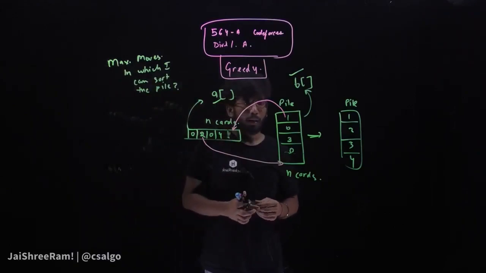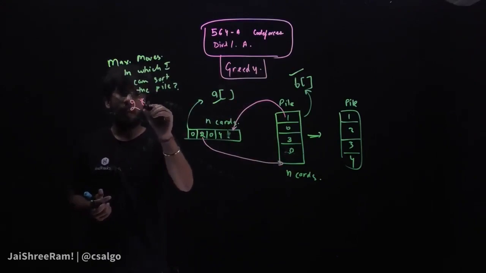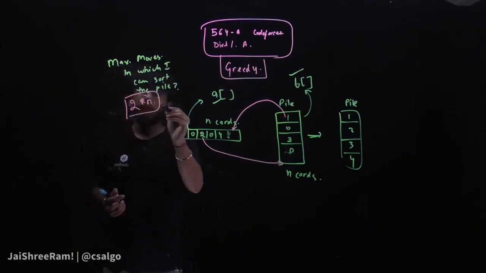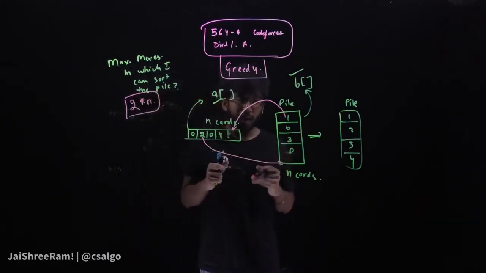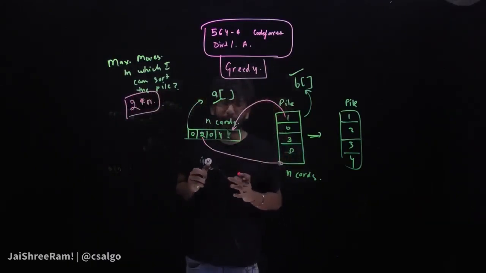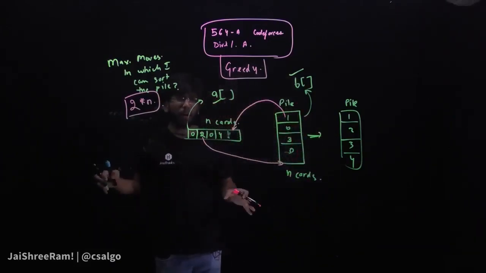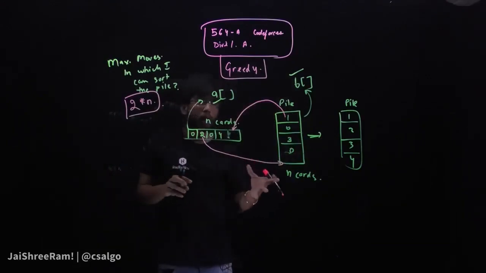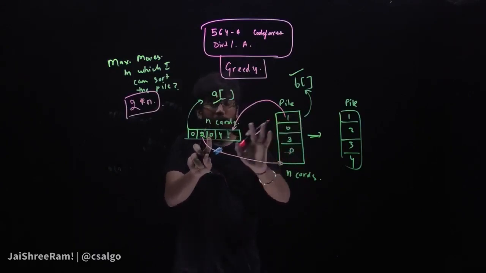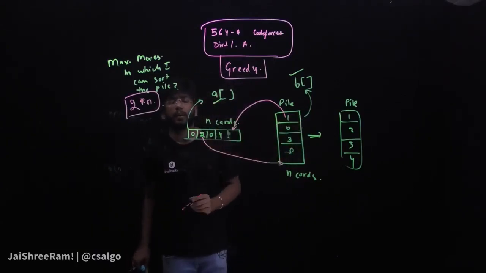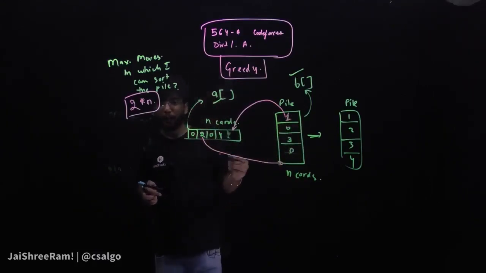So the maximum moves can be no more than 2 into n. You can think of it. How? It's very easy to analyze. Your pile may contain some random numbers in some distorted order, and what you need to do is that for every zero over here, there will surely be a non-zero number present over there.